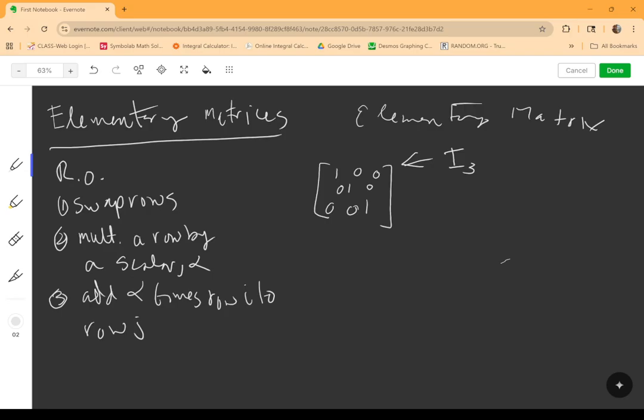So let's say here I wanted to swap rows 1 and 3. So the elementary matrix E 1,3 would look like this.